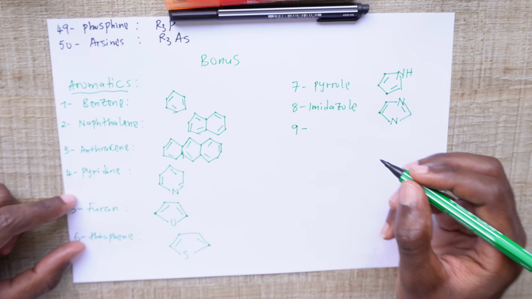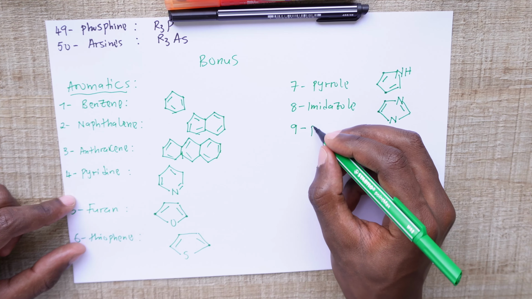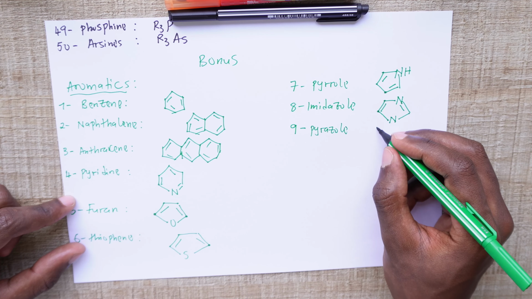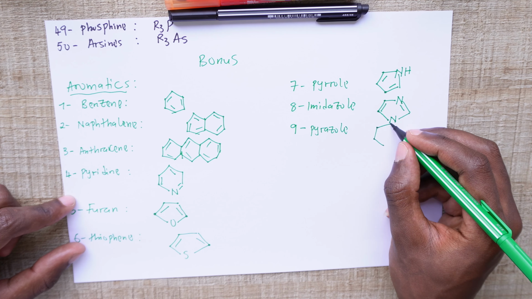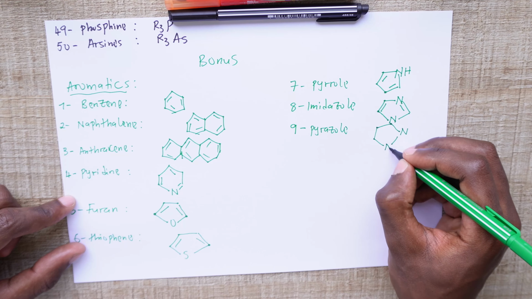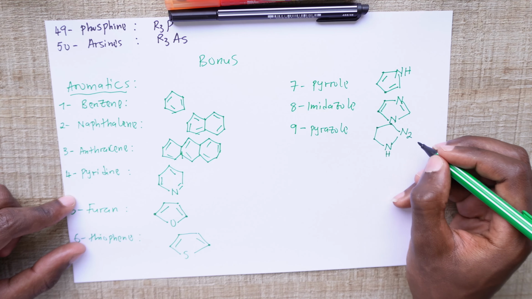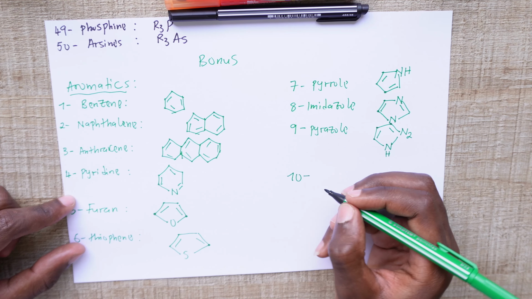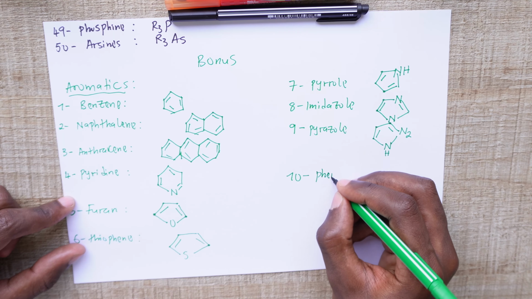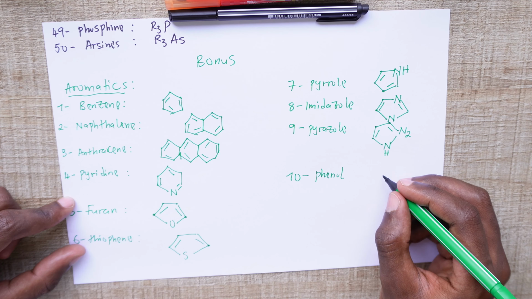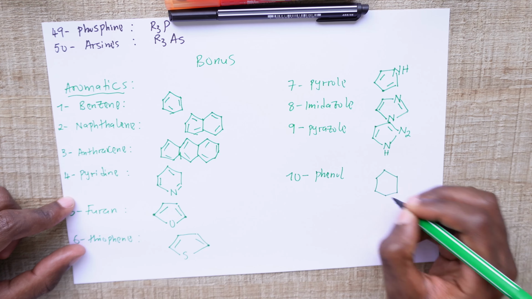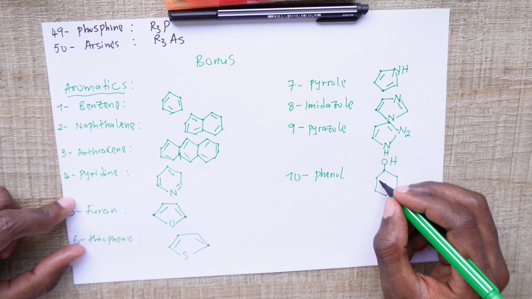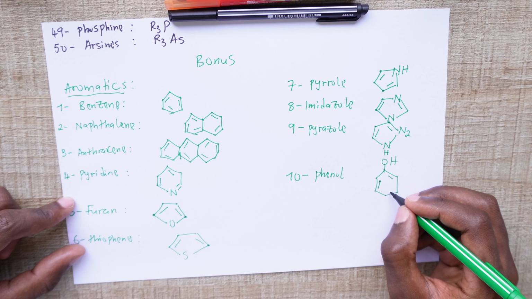So let's say 9. We have the pyrazoles. Then you have an H here, you have an N2 here, and you have double bonds here. Alright, and the last one, let's just say phenol. So the ring, then OH.